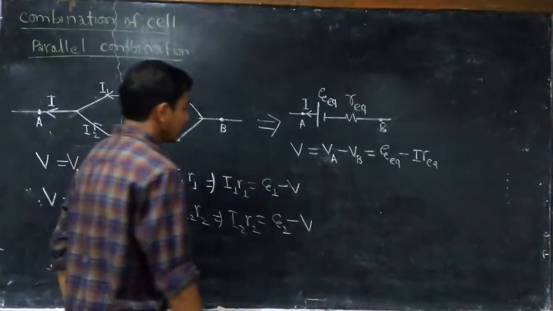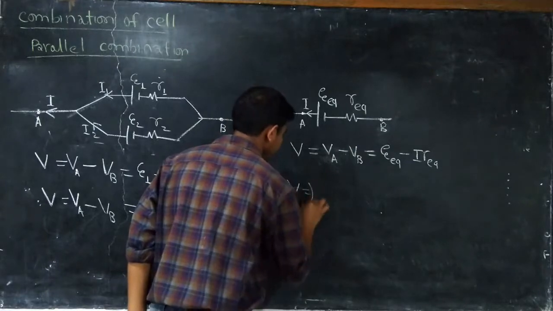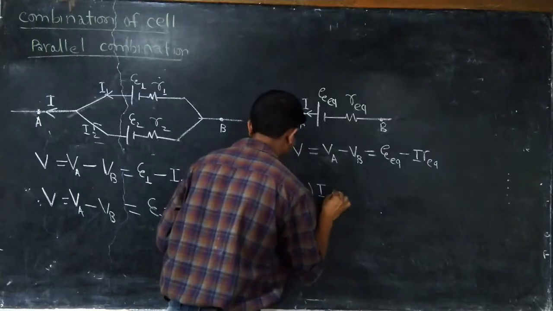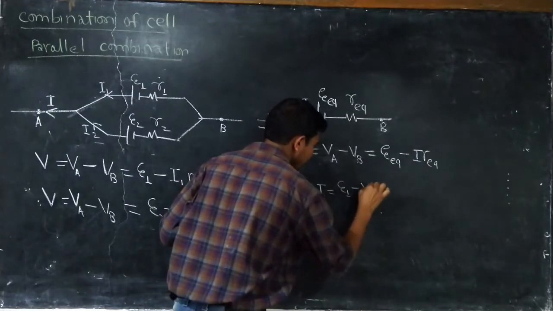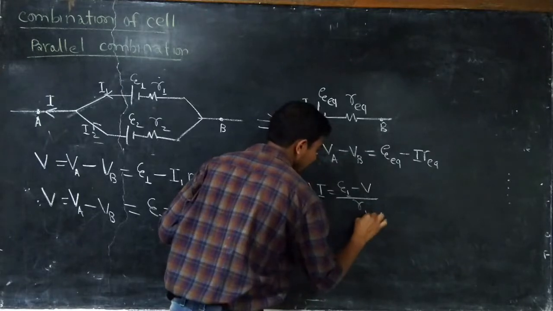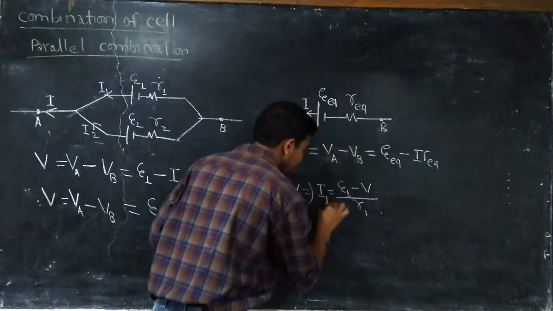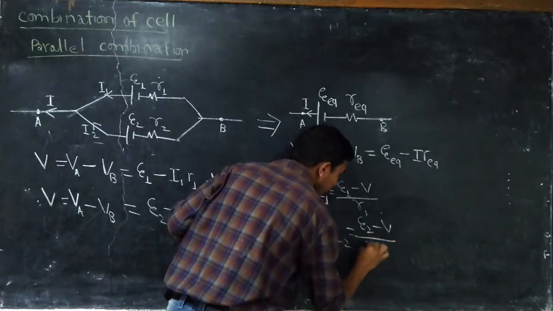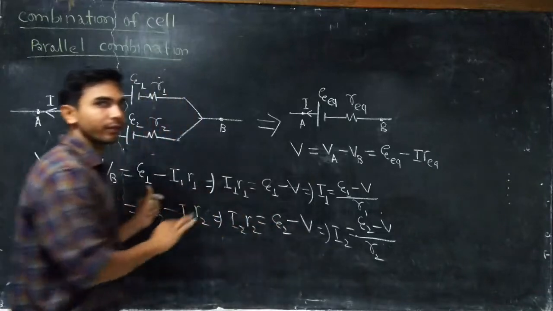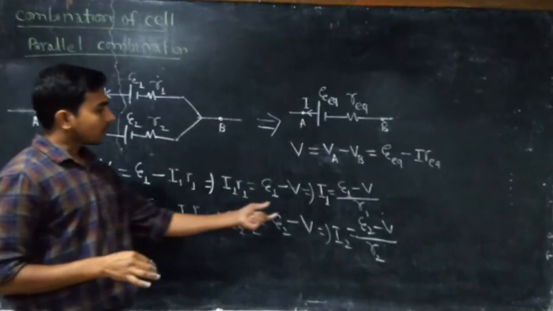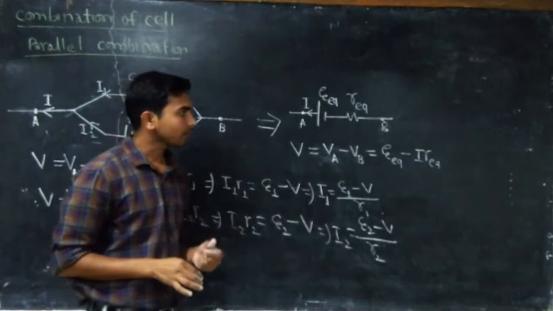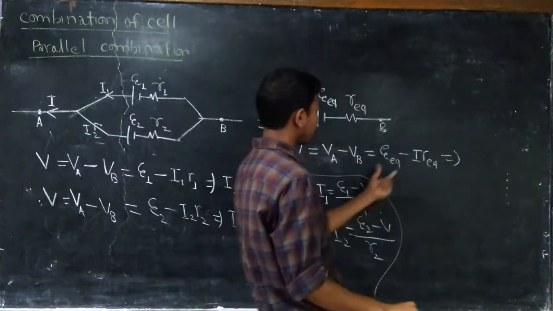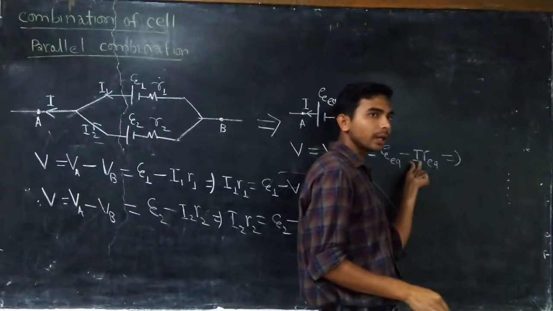So from this expression we can write I2 R2 is equal to E2 minus V. So further we can write: I1 is equal to (E1 minus V) by R1, right? And here I2 is equal to (E2 minus V) by R2, right? So I hope everything is clear to you, right? So now we calculated the value of I1 and I2, and from here we are able to get the value of I, right?